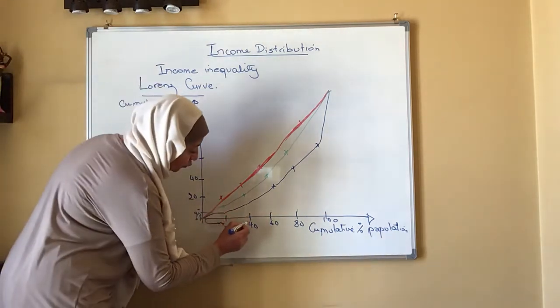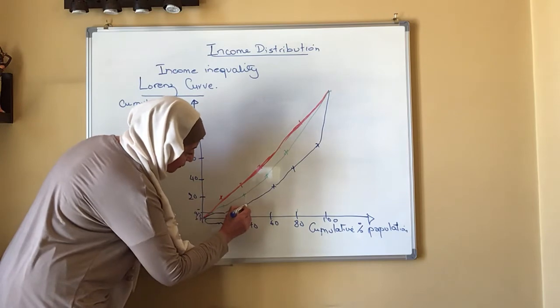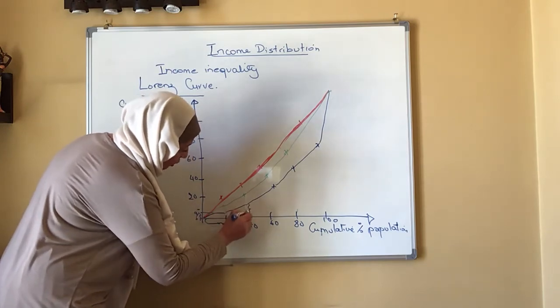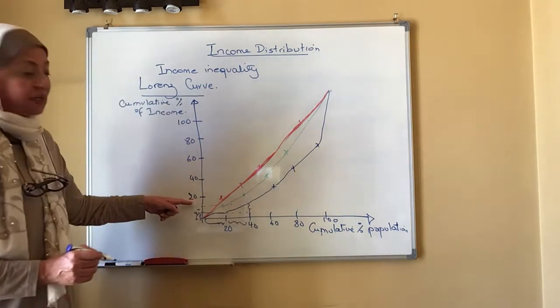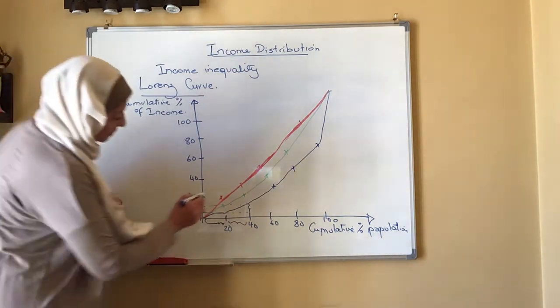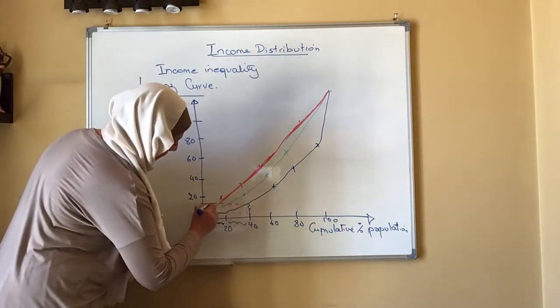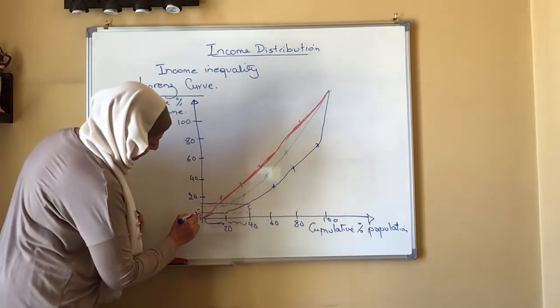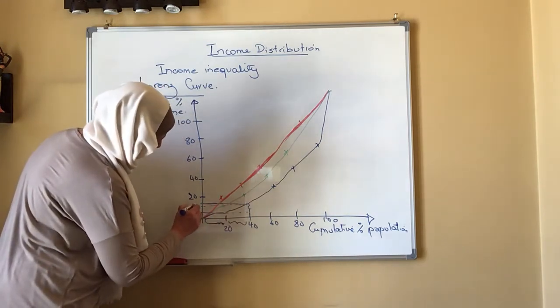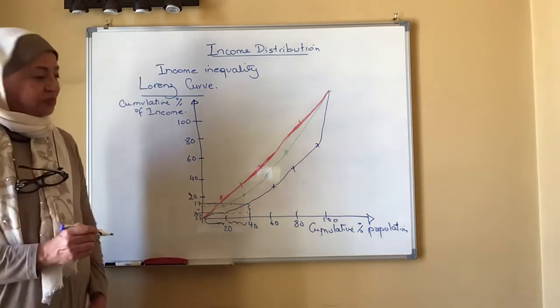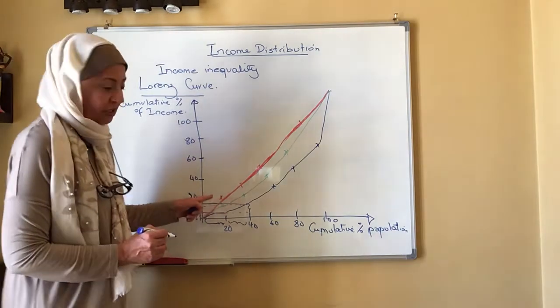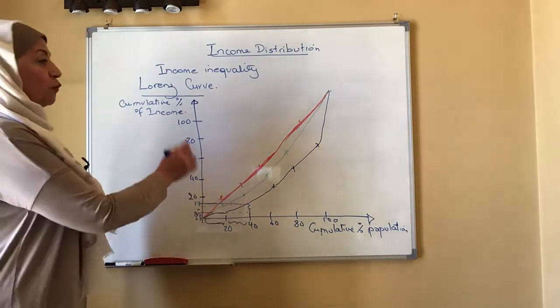The next 20% will receive this difference, which is, let's say, here 8 and here 17. Yes, 9% of the income, and so on and so forth.